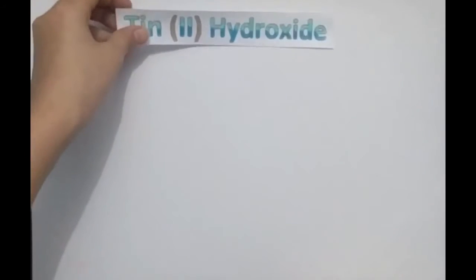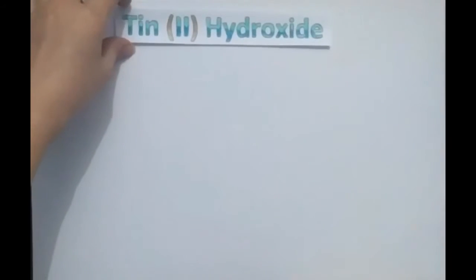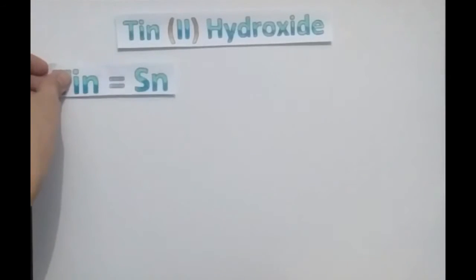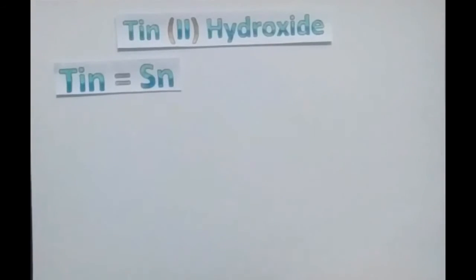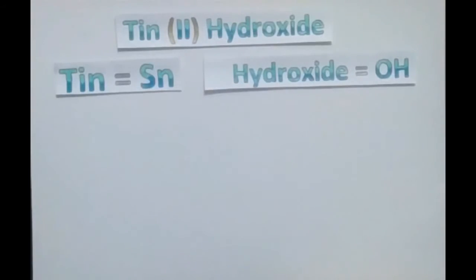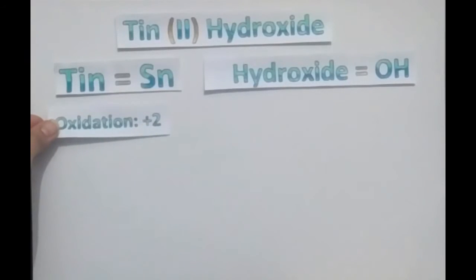Our next given will be tin 2 hydroxide. Let's find the symbol for each element. Tin is Sn and hydroxide equals OH. Tin has an oxidation state of 2 according to its given, while hydroxide has -1.